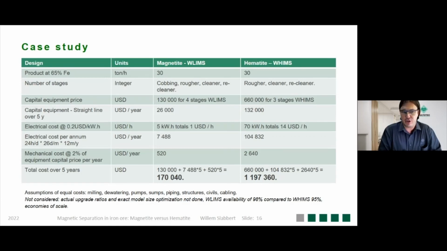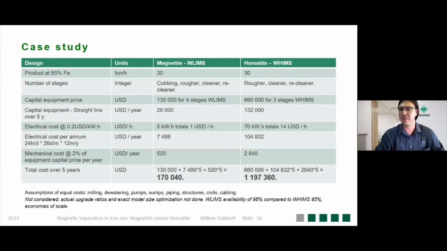The electrical cost is calculated at $0.2 per kilowatt hour. We know that LIMS are exceptionally low on electrical power draw. We only need a geared motor to rotate the drum. So we would need 5 kilowatt hours, which is a total of $1 per hour electrical operational costs.